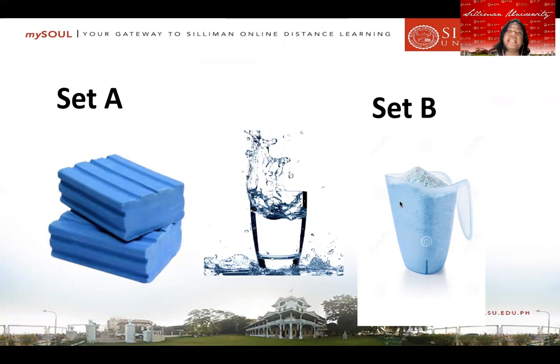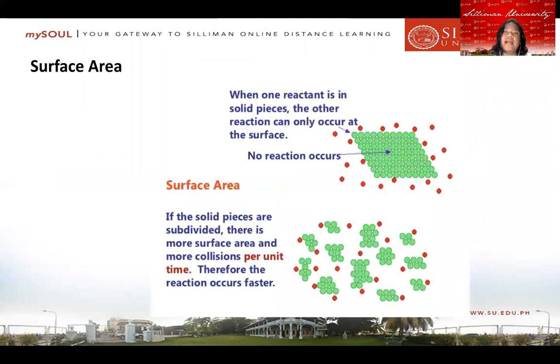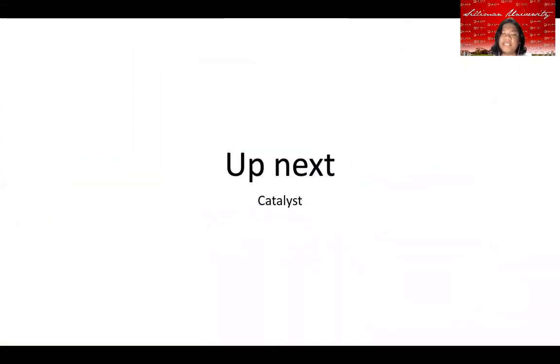So between set A and set B, we expect that set B will react faster compared to set A. So that's how surface area affects the rate of reaction among and between your substances.